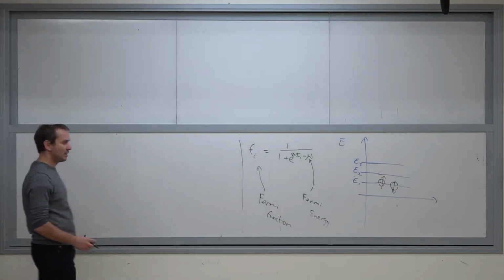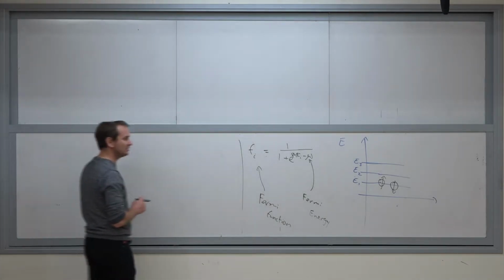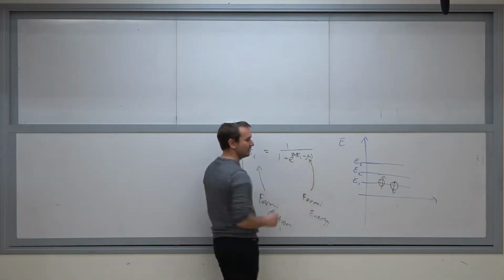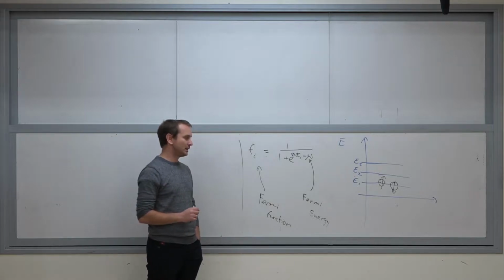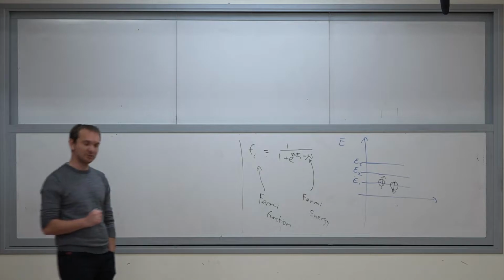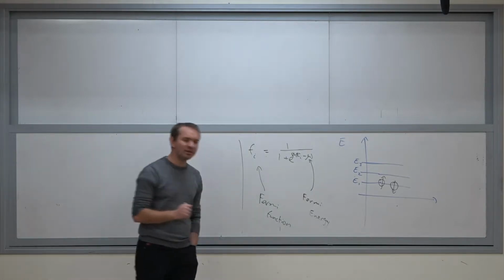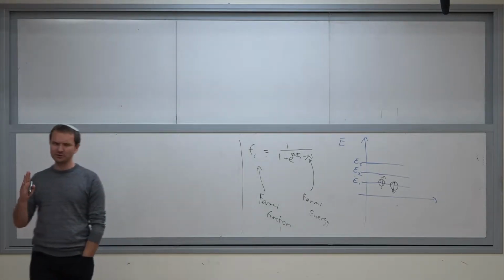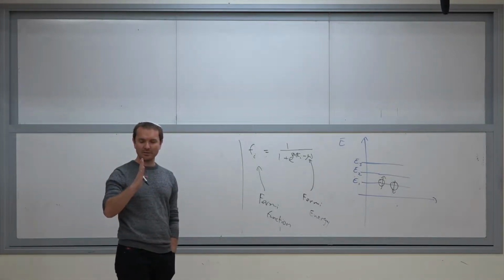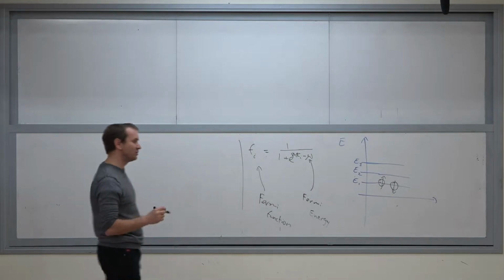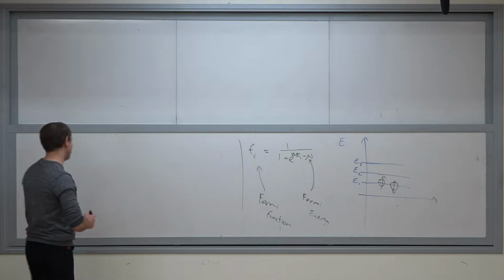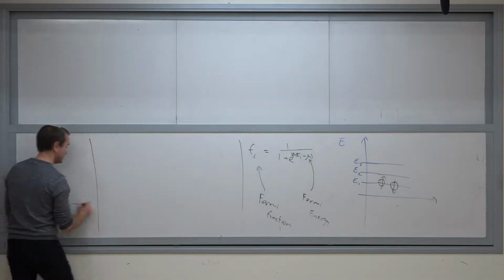Well, basically, in the limit of very small temperatures, all the levels up to mu are filled, and all the levels that have energies larger than mu, or larger than the Fermi energy, are completely empty. So we have this block.